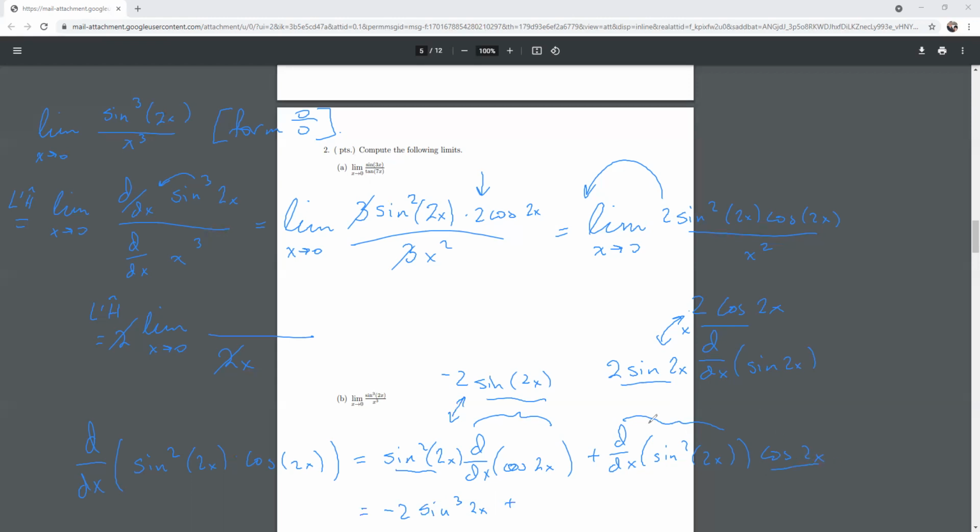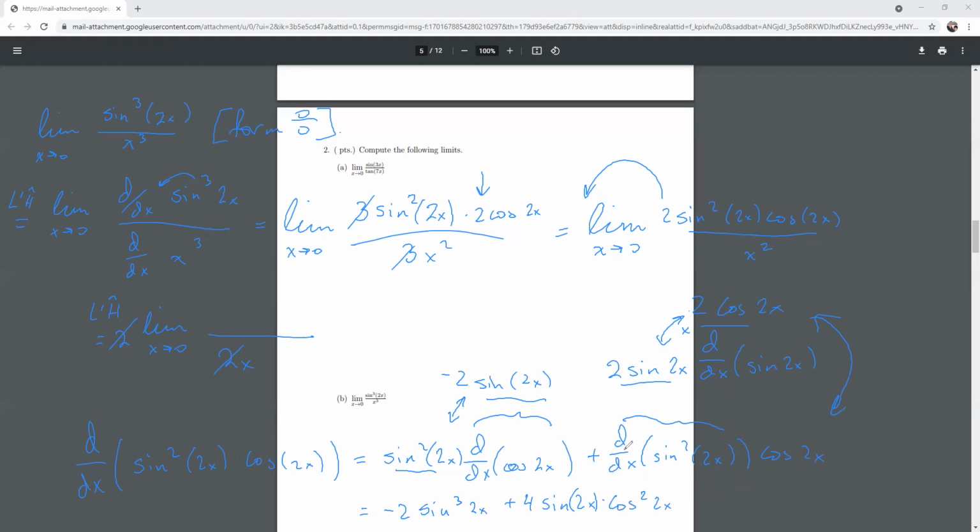So remember, this whole thing turned into this whole monstrosity over here. All right, so that's going to be 4 up front, 2 times 2, that's 4. Then we have a sine of 2x. Let me put parentheses around that. And then we have a cosine 2x times cosine 2x. Let me combine those into one thing, cosine squared of 2x.